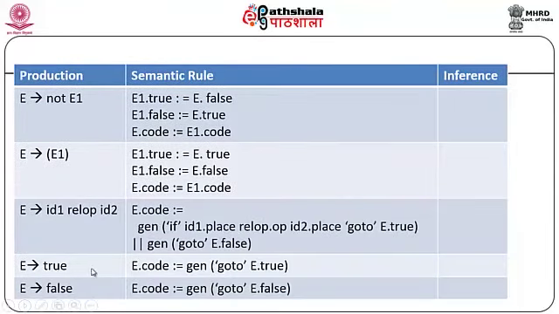If the expression is E produces true, you simply generate go to E.true. If the expression is false, you simply generate go to E.false. These are the same as earlier, but only this is different, where you generated it as a hyphen and then we accommodated next statement plus 3 and so on, whereas here it is going to be continuous, and we are going to assign a true label or a false label here.